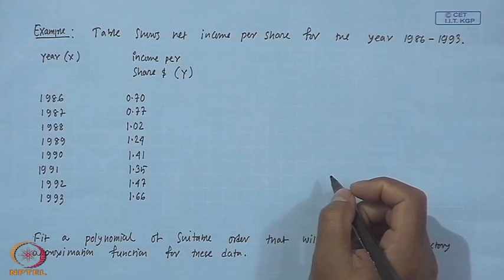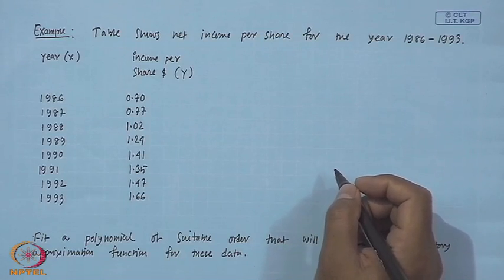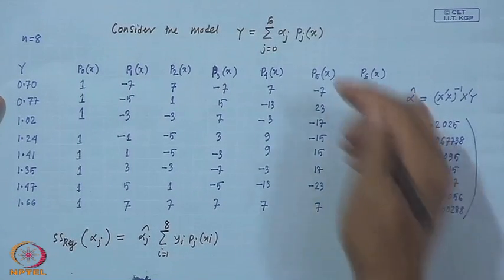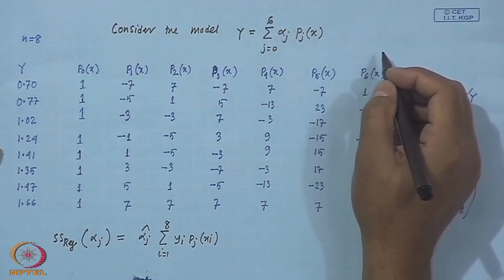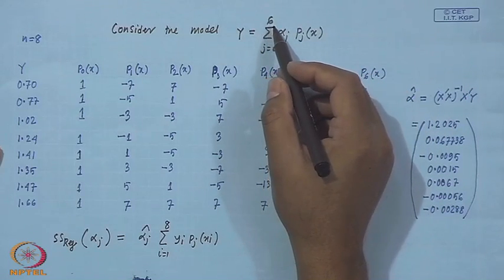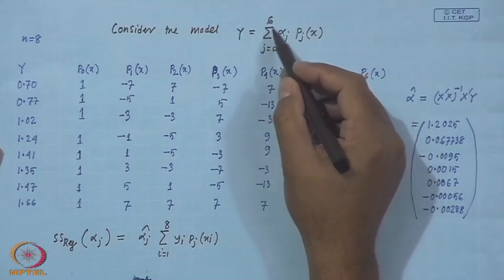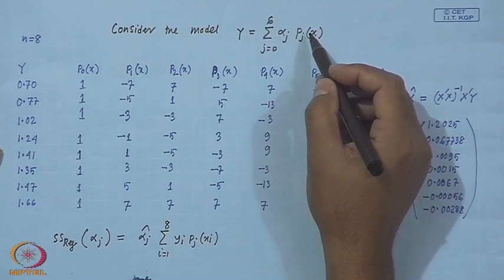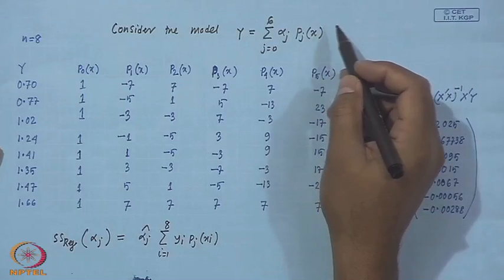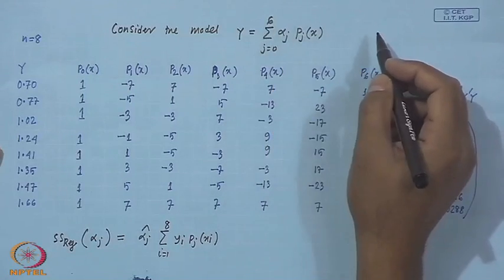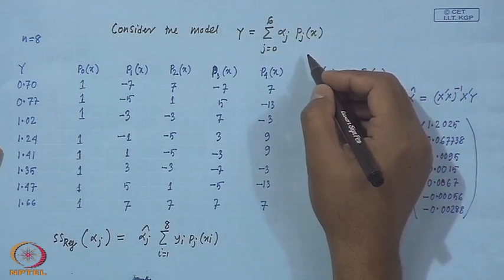So, what we will do is try to fit a polynomial of degree 6 first. Why are we going for degree 6? Okay, I will explain that later. If you go for a polynomial of degree 7, then there will be nothing left for SS residual. I mean, all the variability will be explained by a degree 7 polynomial, because the number of observations is 8.